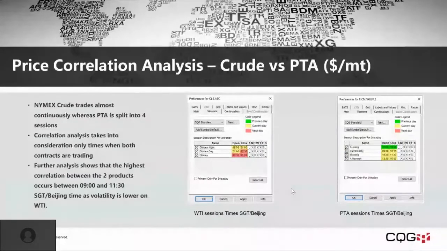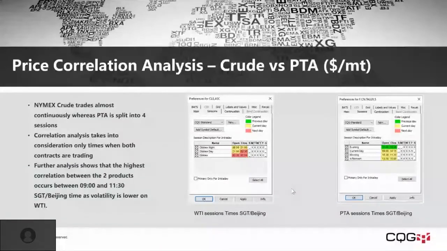The WTI trades 23 hours a day, whereas PTA trades in smaller sessions, which are split into 4 smaller sessions. So what that means is that the correlation is very difficult to find, because between those respective sessions, we're going to have a WTI move while TA is closed, and that causes gaps and obviously differences in analysis.